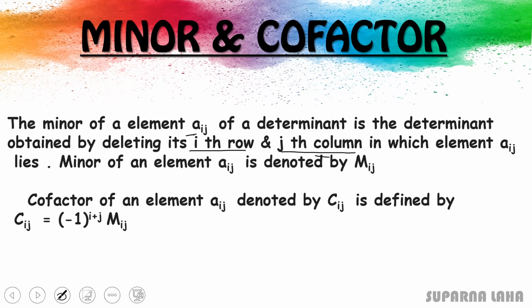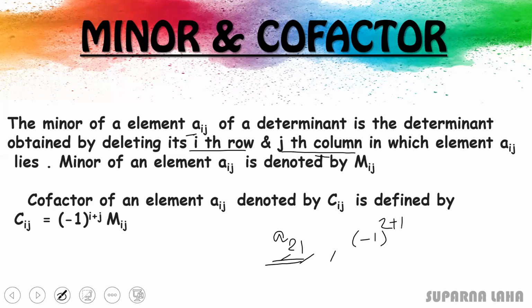So if we are finding the minor of a21, that means we need to remove the second row and the first column, and the remaining determinant is called the minor of a21. And what is the cofactor? The cofactor is given by (-1) to the power 2 plus 1, that is i plus j.